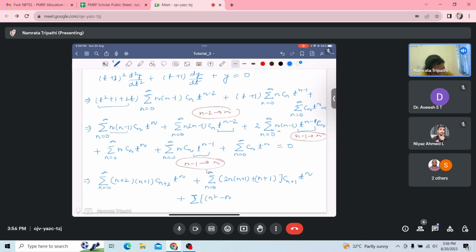This is the first term, n square minus n, plus the rest of the terms. Is it fine?